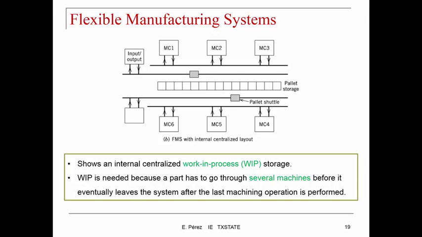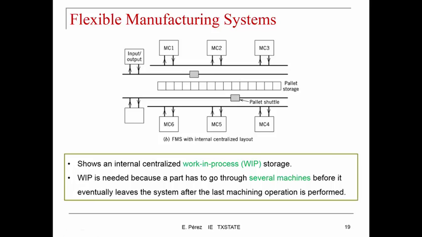In this one, this is a flexible manufacturing system with an internal centralized layout. So basically what we have here is again the same number of cells, and we have an internal centralized work-in-process storage, which is these boxes in the middle that is called the pallet storage.